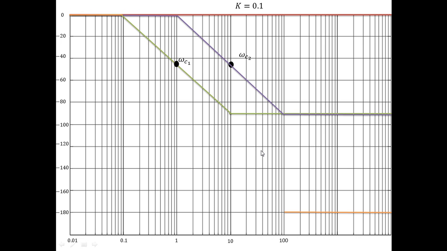After 100, I have two angles of minus 90, so the summation will be minus 180. So the only thing that I need to do is to add these two lines together. This will be the overall phase plot of the transfer function.